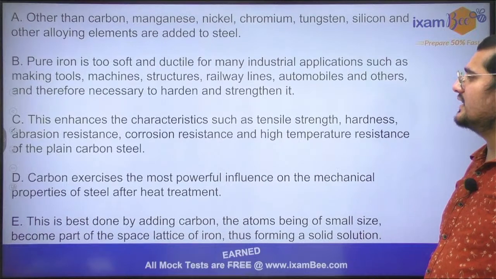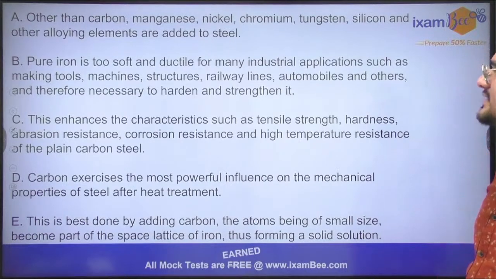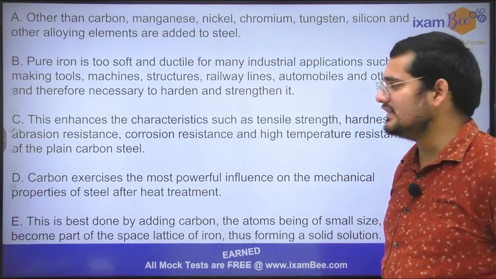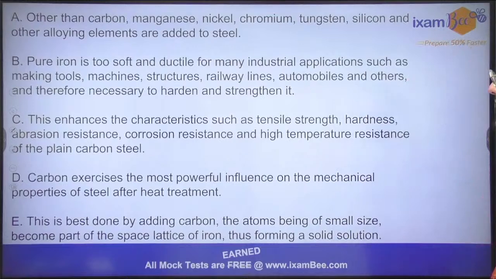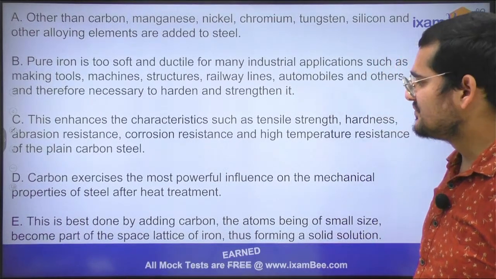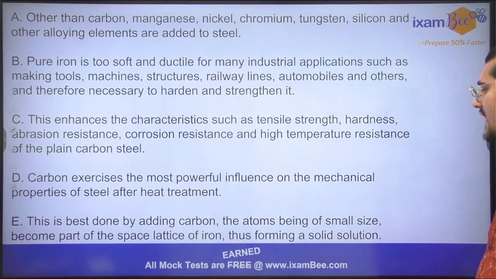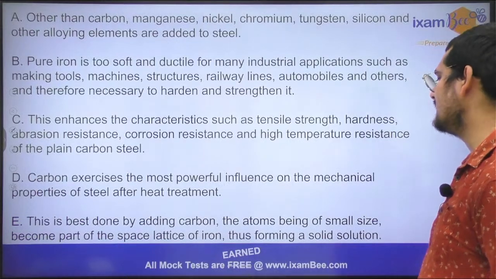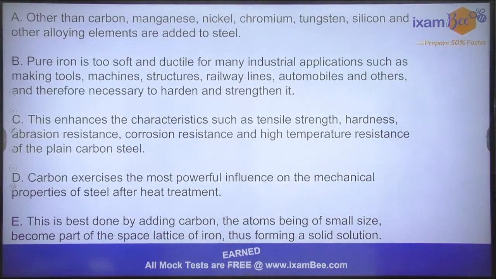This enhances the characteristics such as tensile strength, hardness, abrasion resistance, corrosion resistance, and high temperature resistance of the plain carbon steel. Carbon exercises the most powerful influence on the mechanical properties of steel after heat treatment. This is best done by adding carbon, the atoms being of small size, become part of the space lattice of iron, thus forming a solid solution.